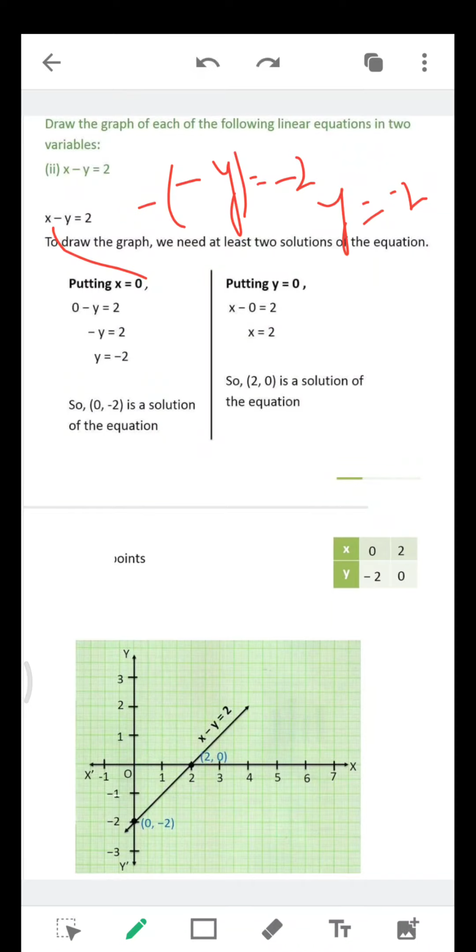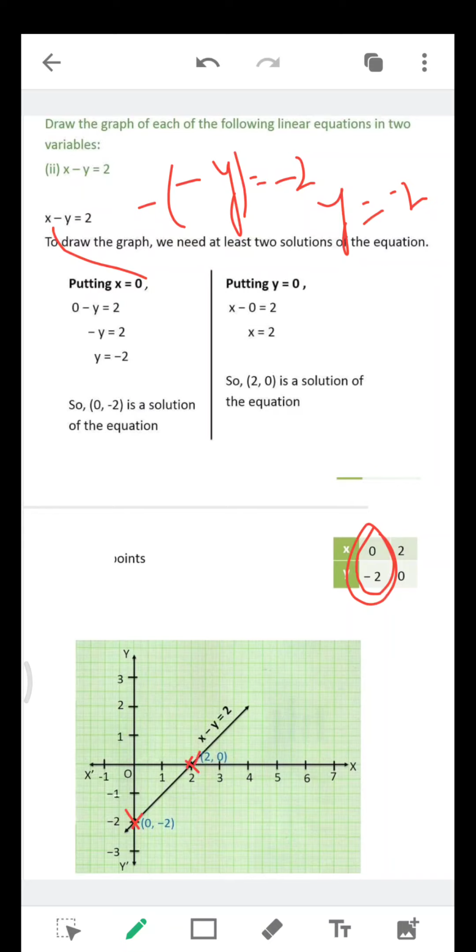So now I'll plot this on the graph again. The first one is 0 comma minus 2. Where does it come? It comes on the negative y axis here. Then the second point, 2 comma 0, comes on the x axis.